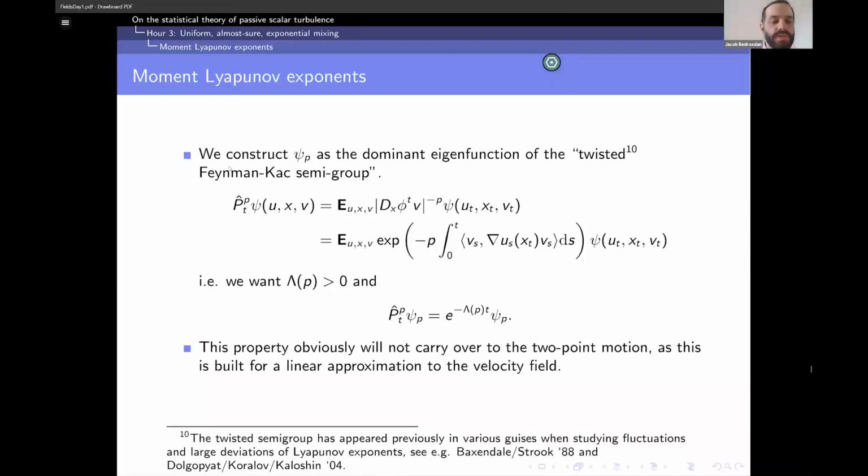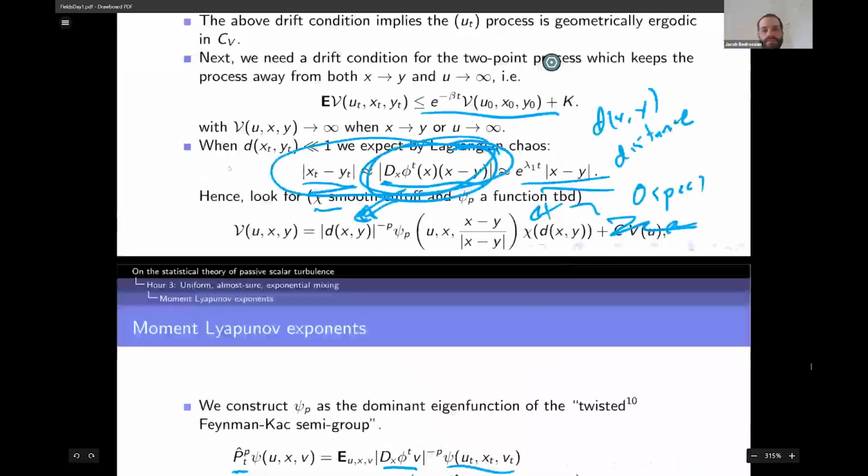It's called a twisted semigroup sometimes, or a Feynman-Kac semigroup, because you can write it as an expectation of an exponential time integral times this. So it's like a Markov semigroup with an additional exponential running growth. And this is motivated by this.